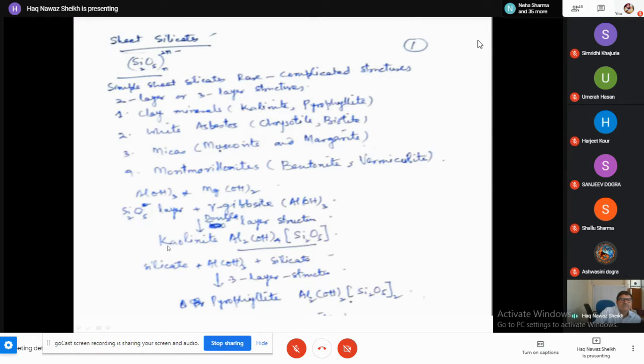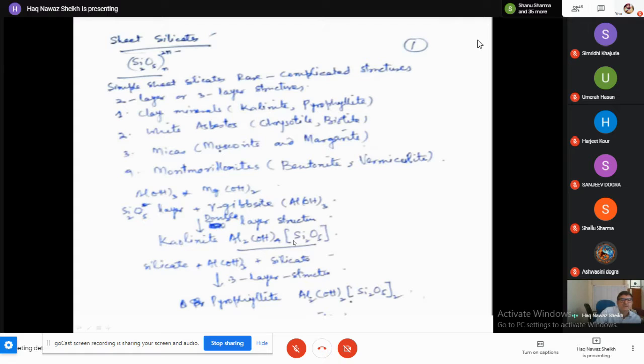So the example of this type of structure is kaolinite. We have aluminum hydroxide on one side and the silicate sheet on the other side. This is a monomer, therefore it holds 2 negative charges, and aluminum is 3 plus, OH is 4 minus, so 3 minus 4 is 2 plus, and therefore this 2 negative charge is counterbalanced by this aluminum hydroxide.